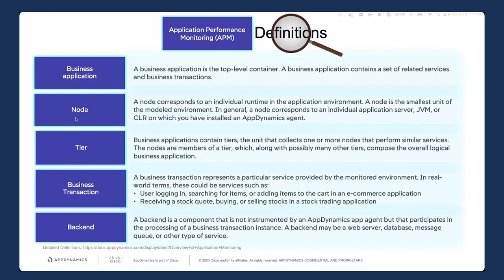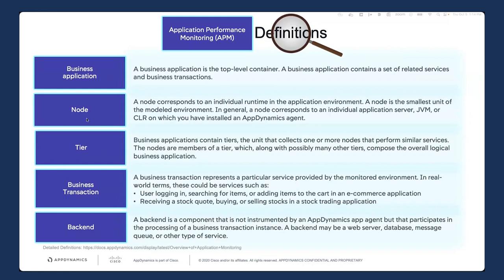You could have several nodes in one data center located in a certain part of your country, and other nodes in another data center located in a different location, but they all can belong to the same tier as long as they're meeting that specific service, which then falls up to the application tier. Eugene will show you from the APM point of view in the demo. You'll see the application, then you'll see the tier, and then you see the node, which makes up that service.